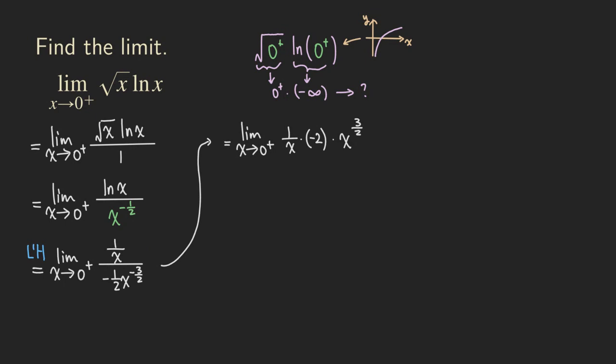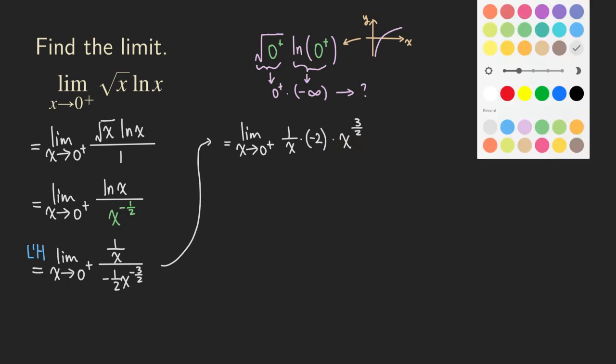So that's the thing that I'm changing. Now as you can see here, the only thing that's in the denominator right now is just this x. The negative 2 is in the numerator, the x to the 3 over 2 is in the numerator, so we can actually reduce this fraction by dividing top and bottom by x.